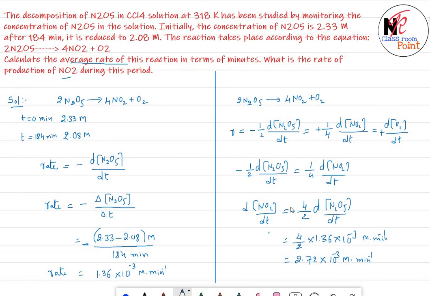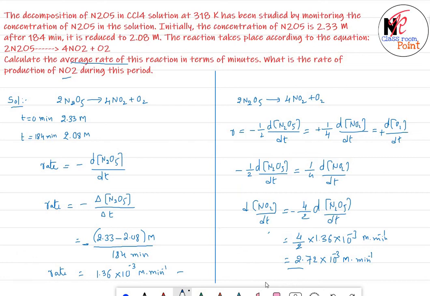Here you should not consider the minus and plus symbols. The minus symbol indicates a decrease in the concentration of the reactant during a period of time. At the same time, the plus symbol indicates an increase in the concentration of the product with respect to time. This is the answer of the first part and second part.